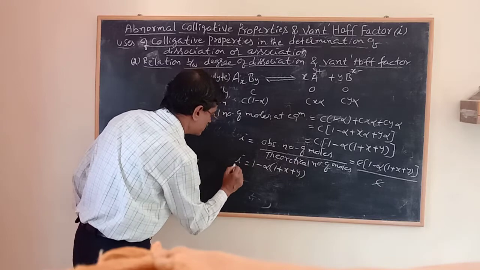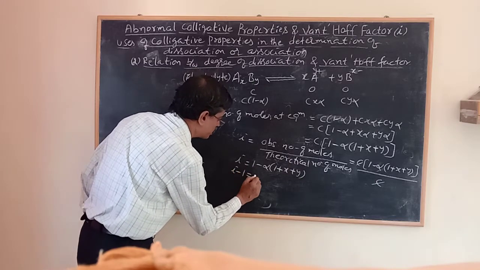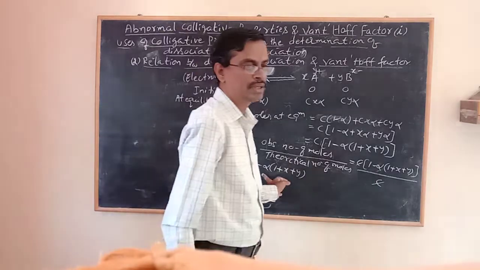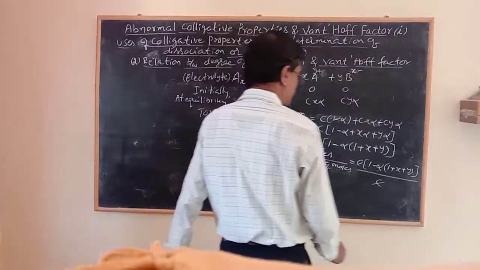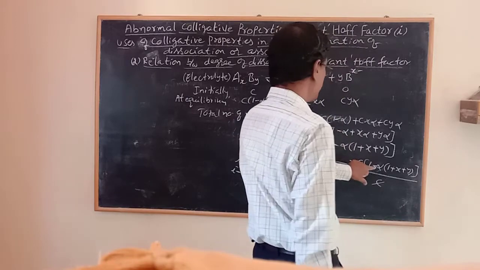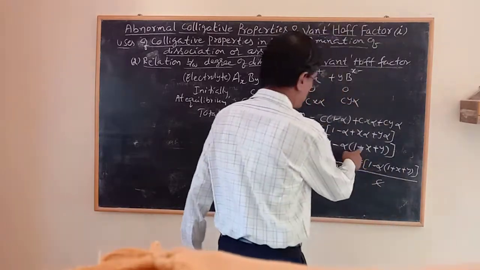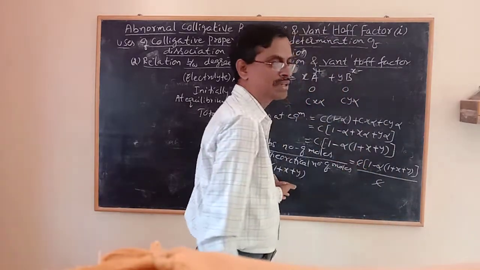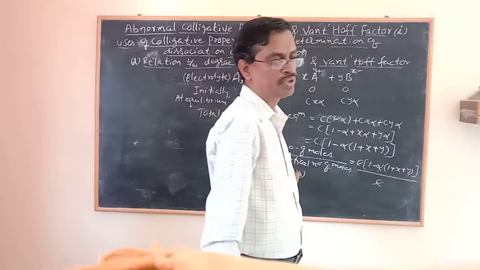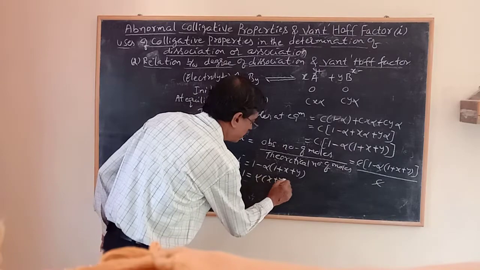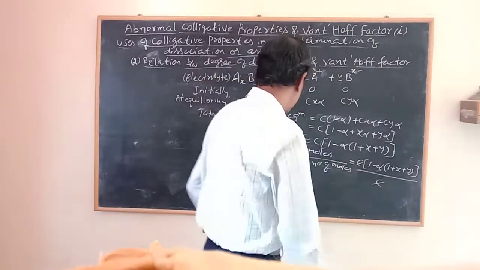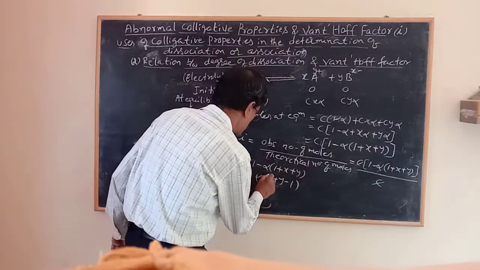I will take this 1 to this side. So I minus 1 is equal to, and I will make some corrections here, it is becoming a plus quantity. So we are making that correction here: I minus 1 is equal to alpha into x plus y minus 1.